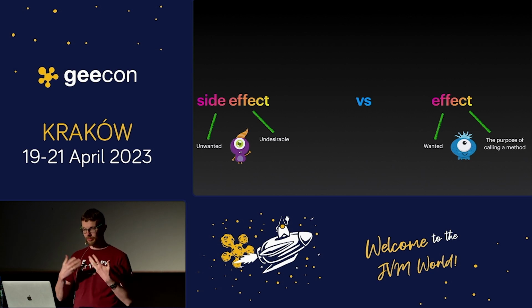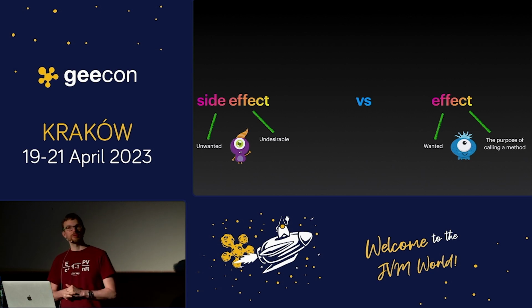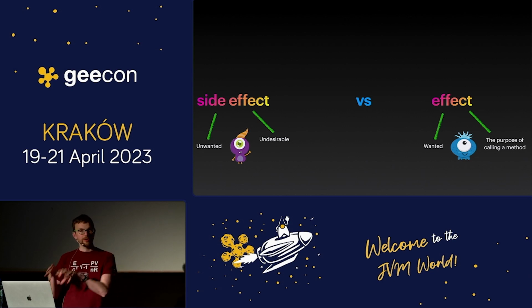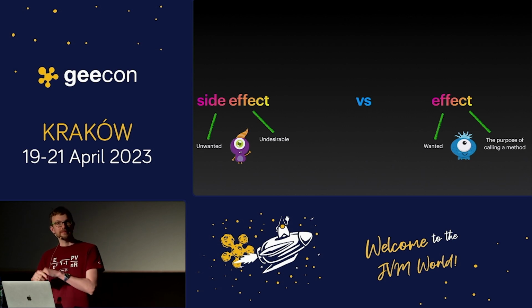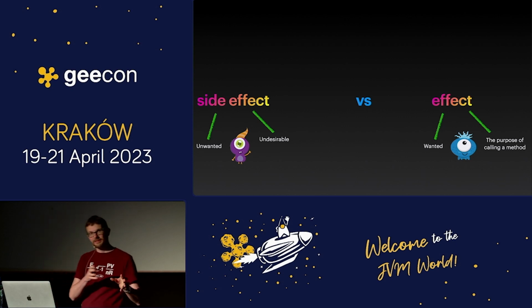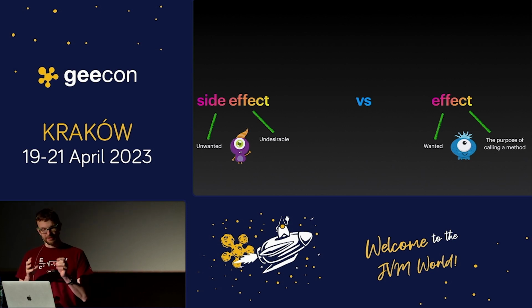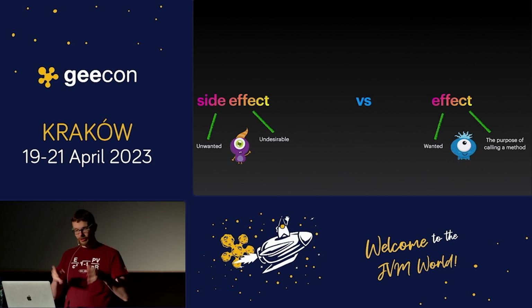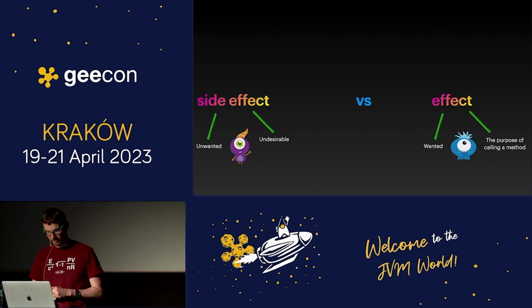While when we have a function which has side effects, we usually call that function because it has these effects, right? So we will talk simply about effects. I don't think side effects is the precise terminology here because we often call these functions because they have effects, not because they have some unwanted and undesirable behavior. This unwanted behavior would be a bug, which we would have to fix. So we will just talk about effects.